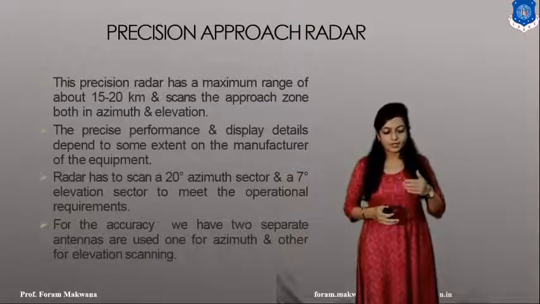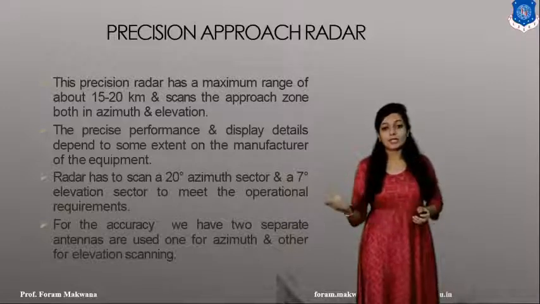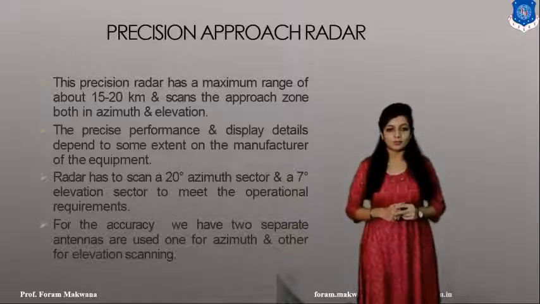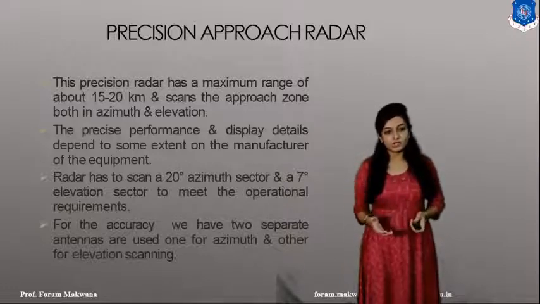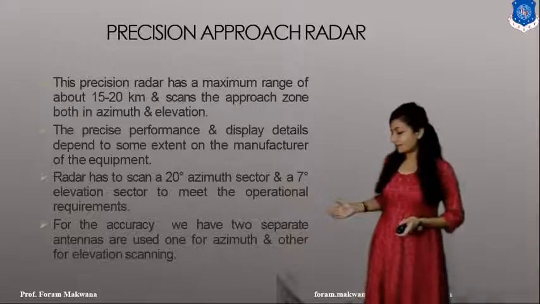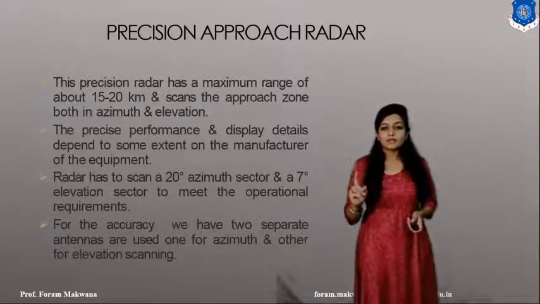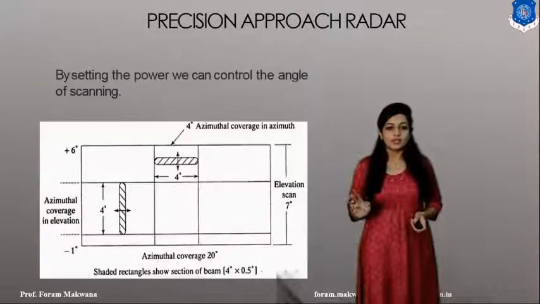Okay. So radar can scan a 20-degree azimuth sector and 7-degree elevation sector to meet the operational requirement. So for the operation, we have two separate antennas which are used. One antenna is for azimuth, second one is for the elevation.